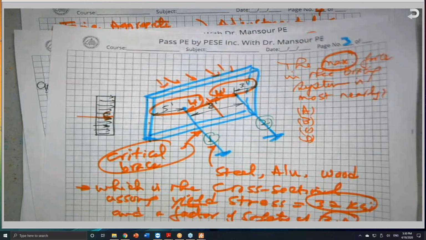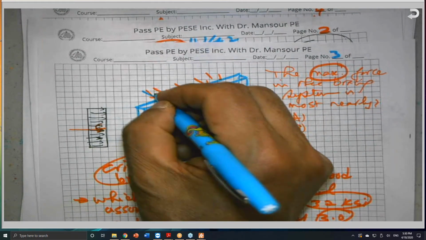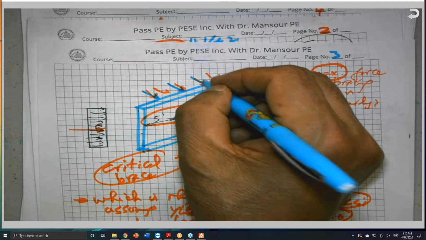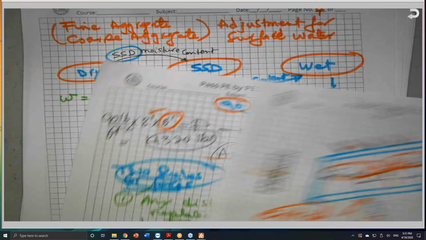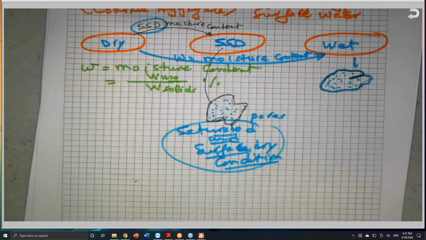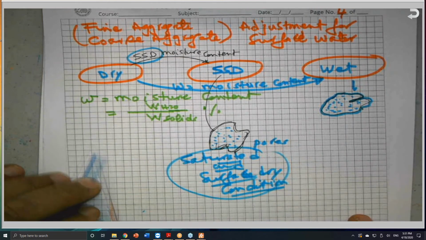So in this case, if this is a scenario, if the concentrated loads, I don't know how many of them. So the side view of this, and let me draw it. And again, I'm trying to imagine or visualize what you are telling me.